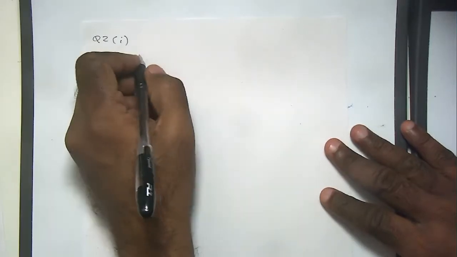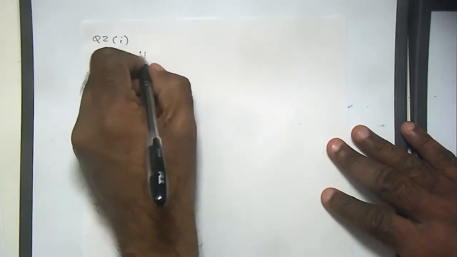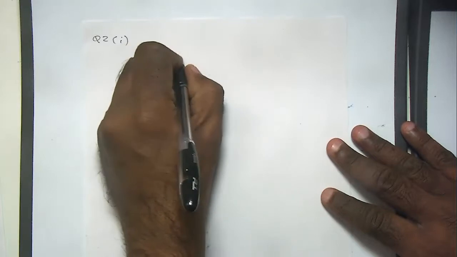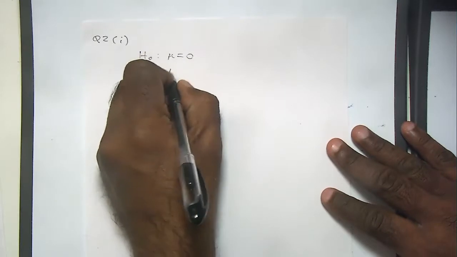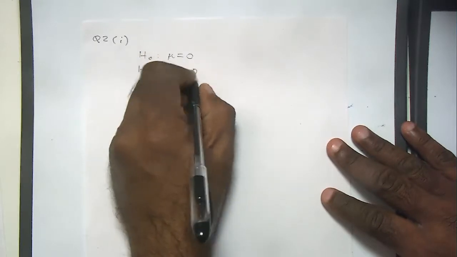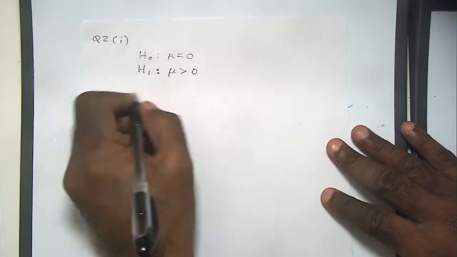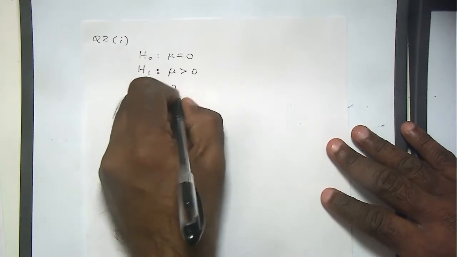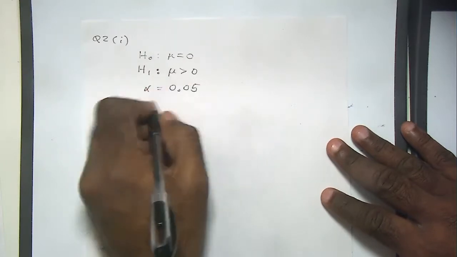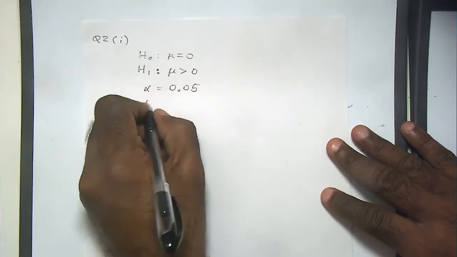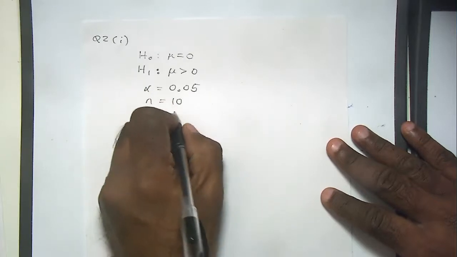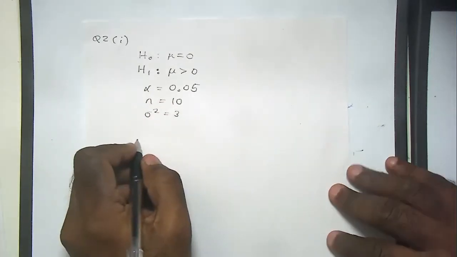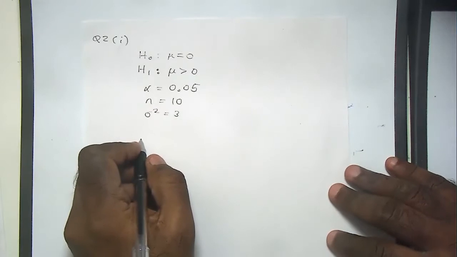So you have here testing for alpha is 0.05 and your n is 10 and your sigma squared is 3. So what's the rejection rule in this case? I just showed you a second ago.